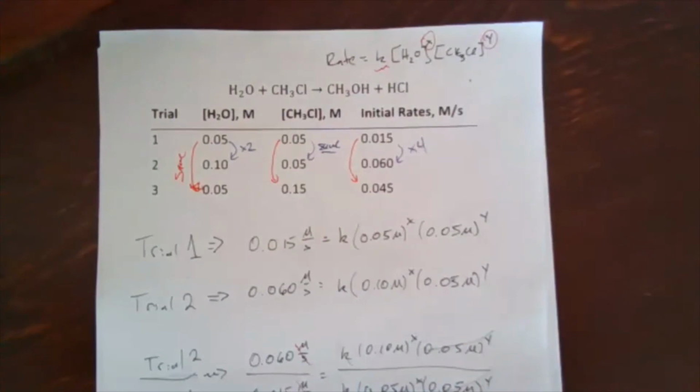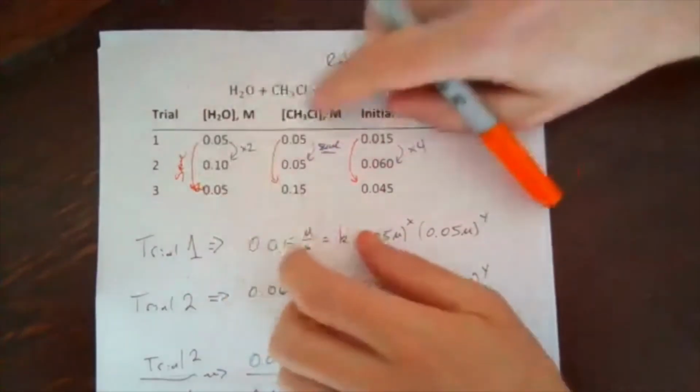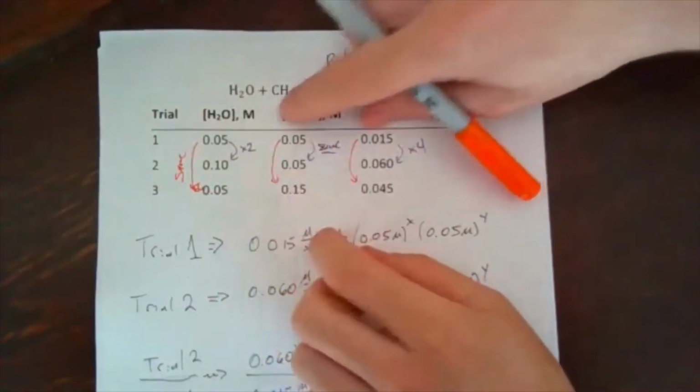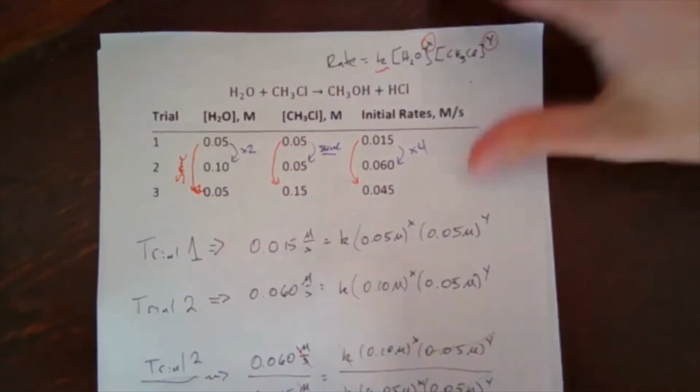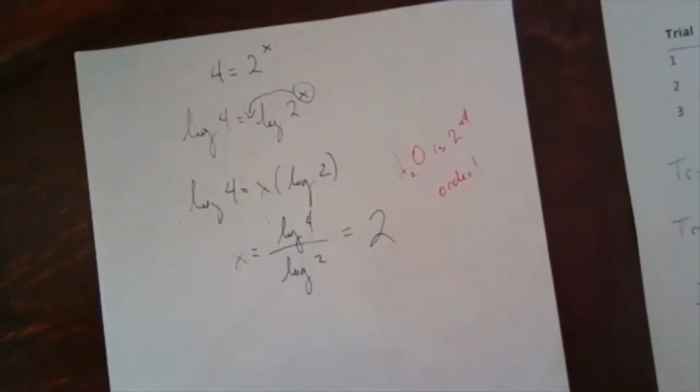So going from trial 1 to trial 2, we were looking at just changing the water. Trial 1 to trial 3, we're only changing the CH3Cl, seeing how that's going to be affected. And so we can go through and set ourselves up.